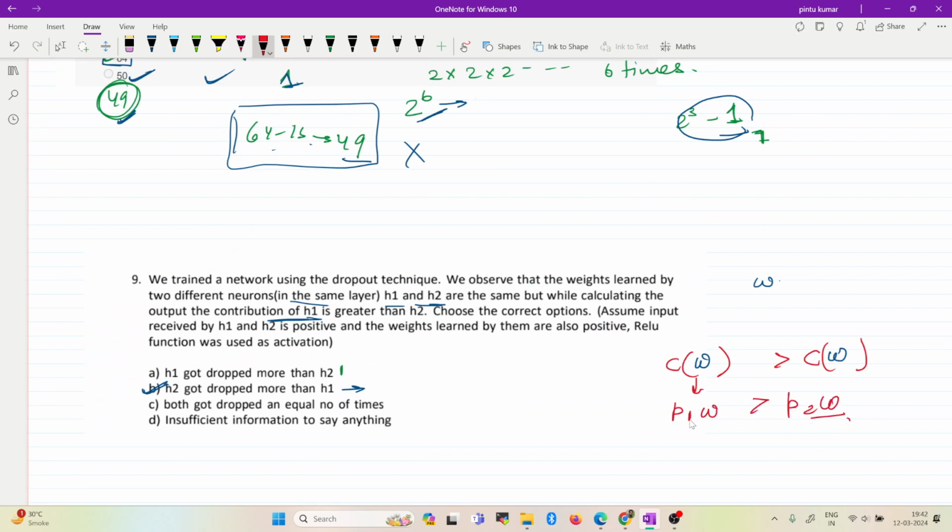So if the probability of retaining is more, that means it was active for more batches than the second node, that of H2. That means H2 was dropped more often than H1. So that's why the second option is correct.